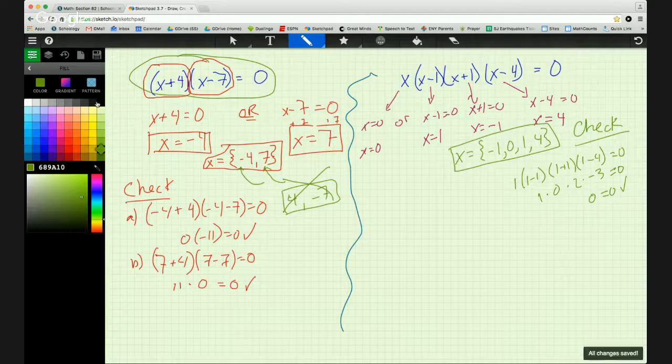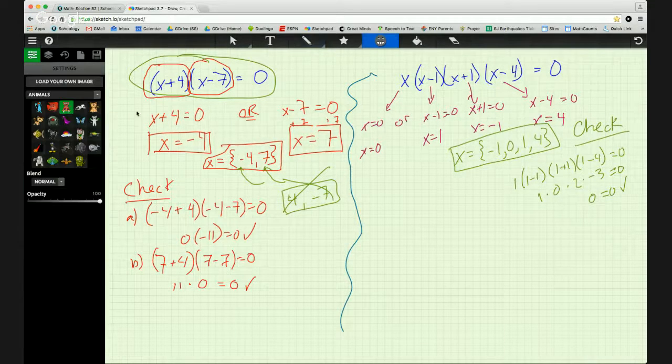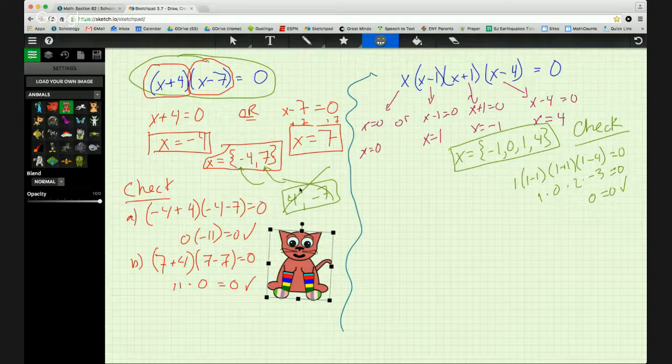Don't make that mistake. Make sure that you've done the math, because if the answer is x plus 4 equals 0, then x has to be -4, because it's the opposite of the +4 and the opposite of the -7. So if we want to stick with happy cat, we need to make sure that we're not going too fast and loose.